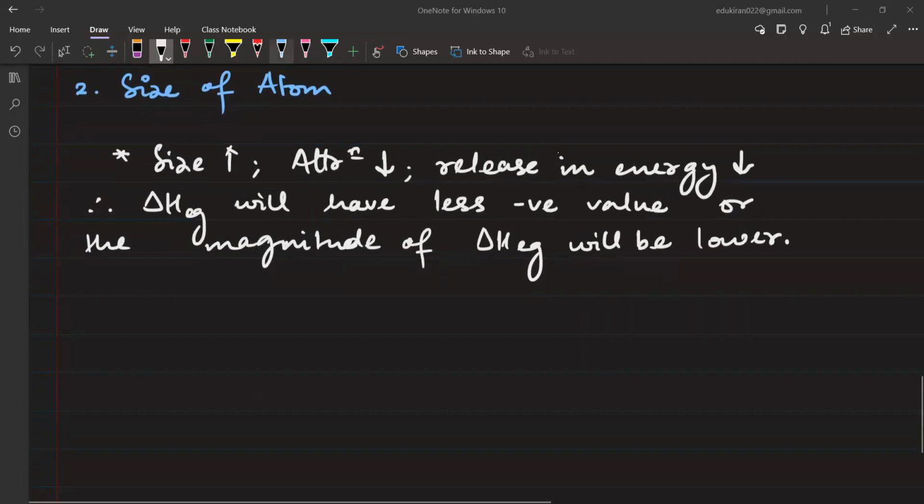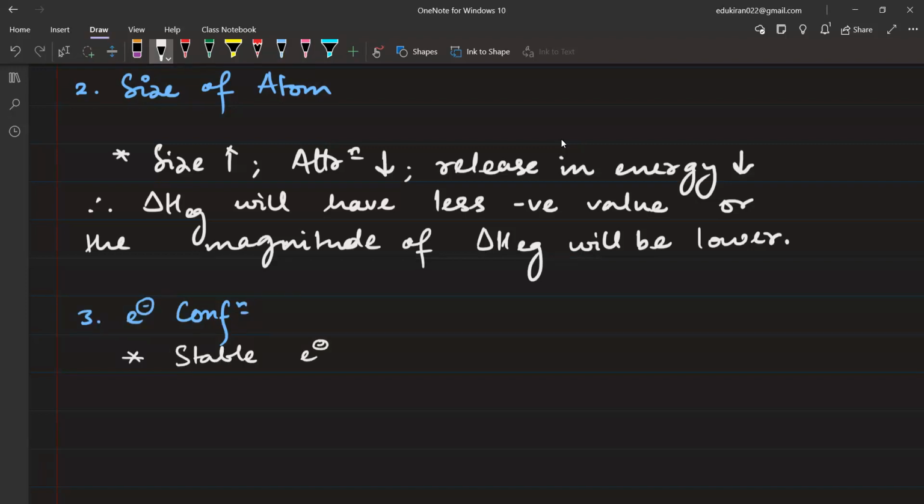Yes, sir. Now the third criterion is going to be electronic configuration. This is also going to matter a lot. Please write: stable electronic configuration. Stable electronic configuration means half-filled electronic configuration, which is stable, and fully filled electronic configuration, which is also stable.